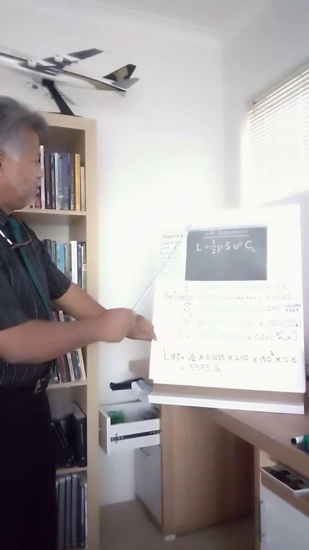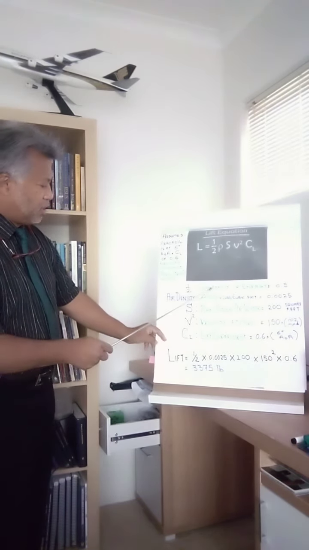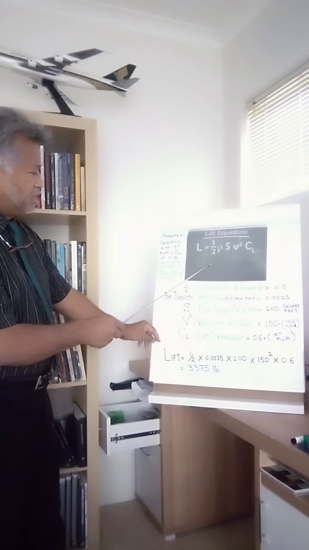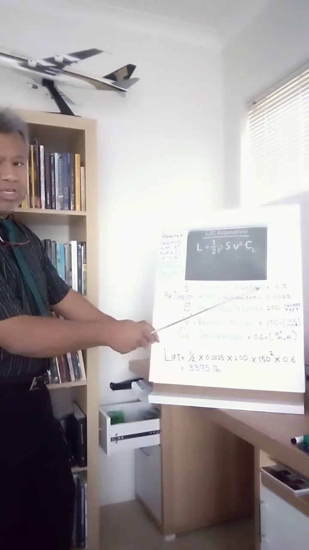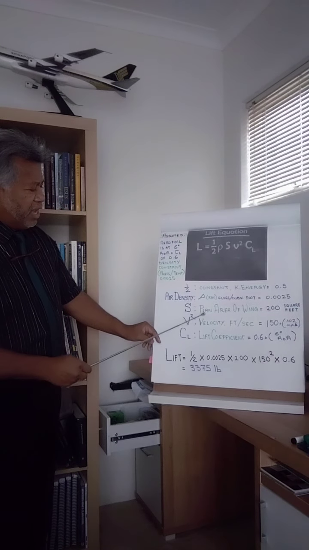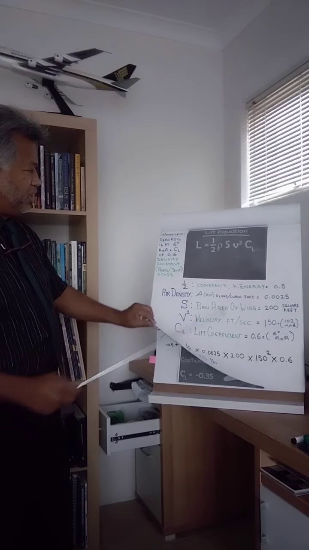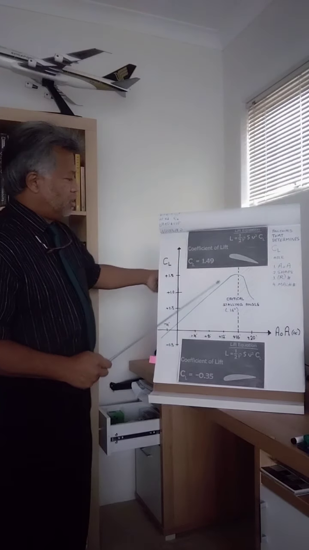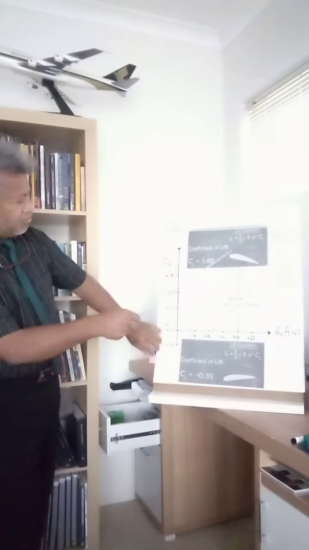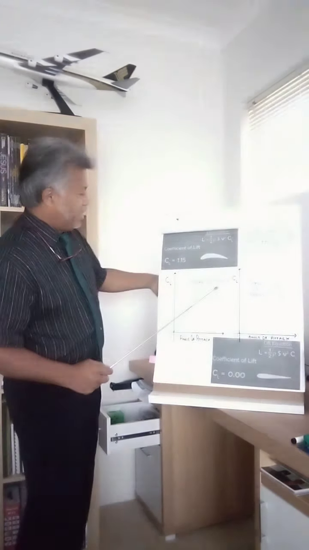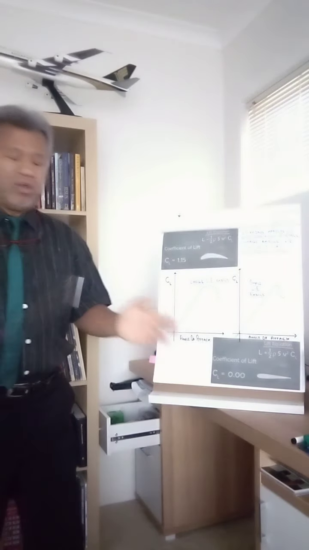Okay, so this lift equation with all the formula depicted here is based on, of course, the kinetic energy. And we have these units here that derive the amount of lift generated by a particular aerofoil. So the coefficient of lift depends on the angle of attack, and also on the shape of the aerofoil.